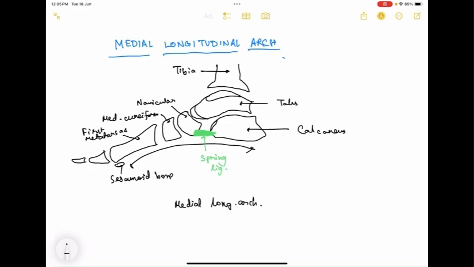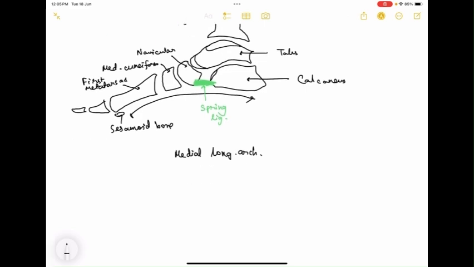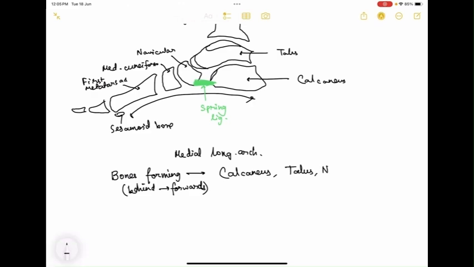Okay, so let's start. First of all, it is constituted by the bones forming the arch, from behind forwards. You can see here calcaneus, talus, and navicular. The three cuneiform bones.